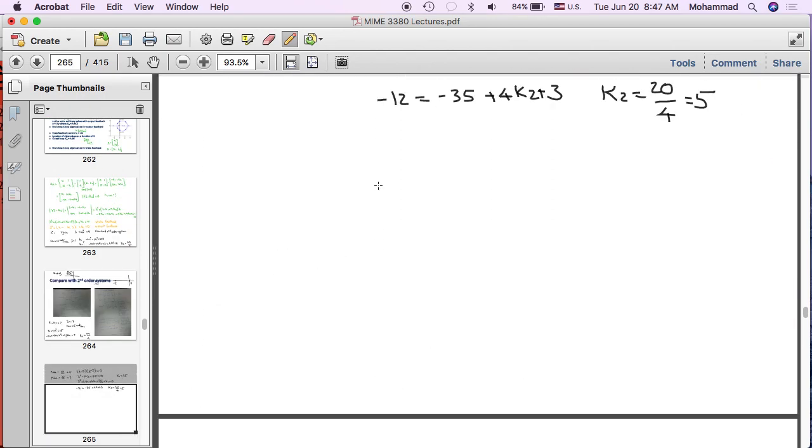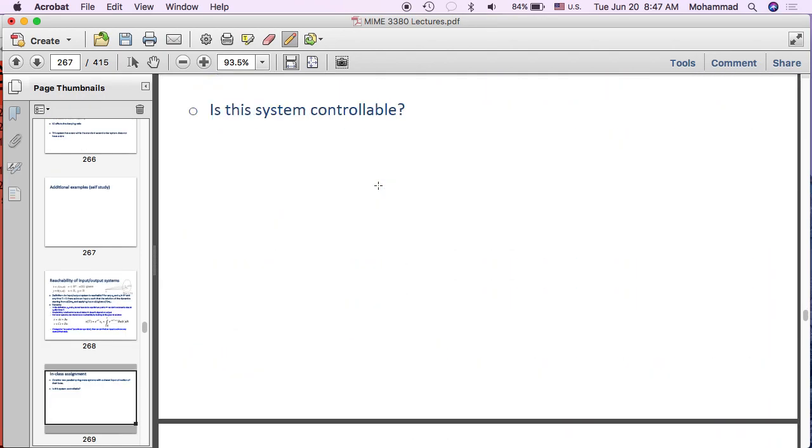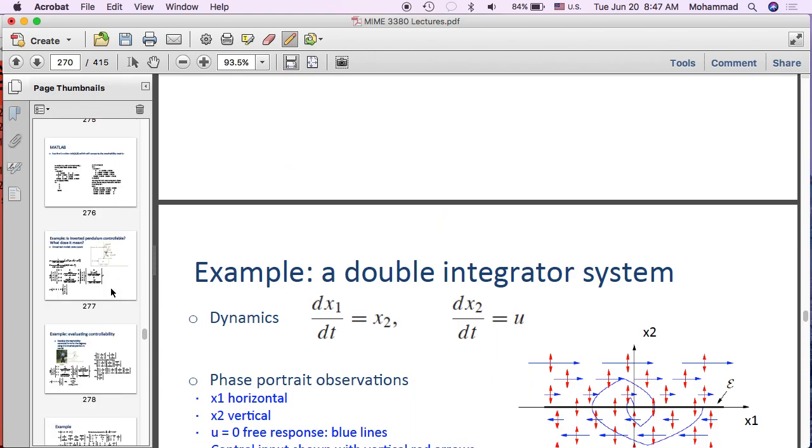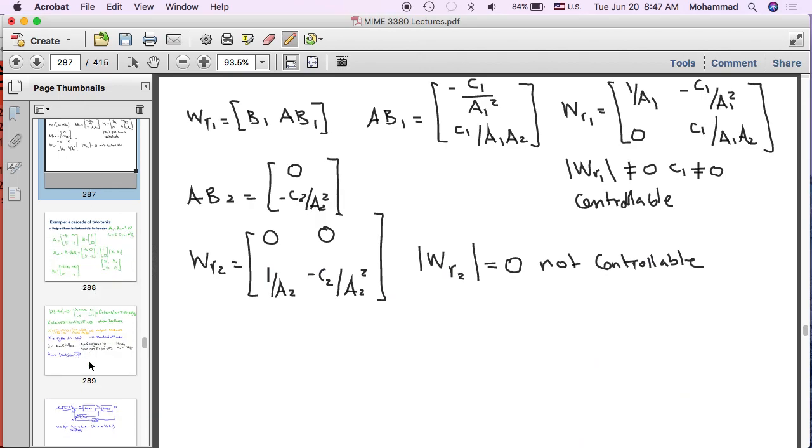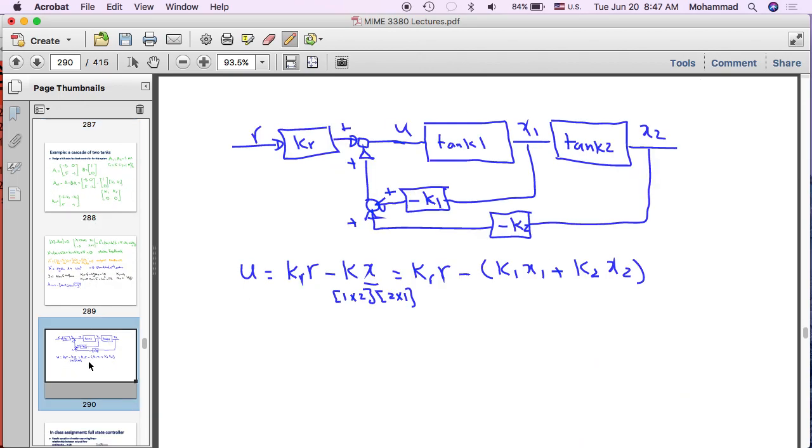So let me rewrite them here. What I just said is this. For the first tank, the model we have is A1 H1 dot plus C1 H1 is equal to U. That's the model for the first tank.